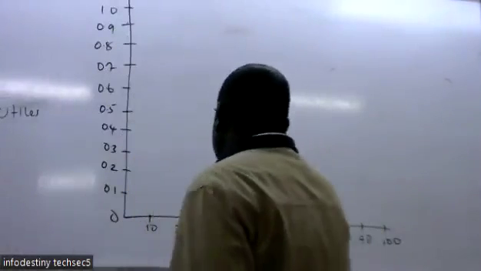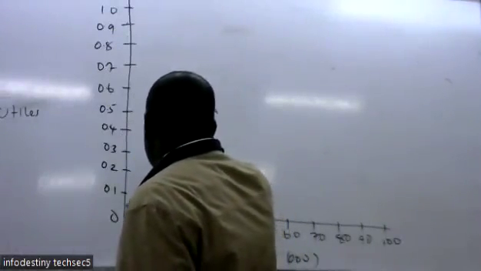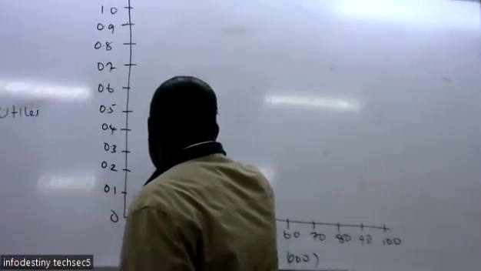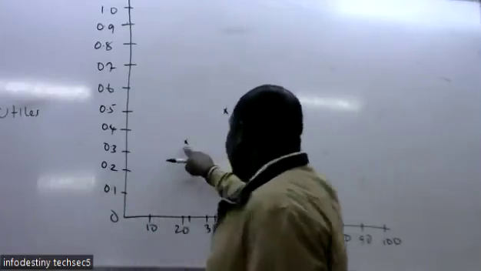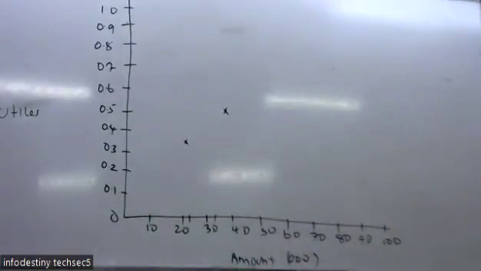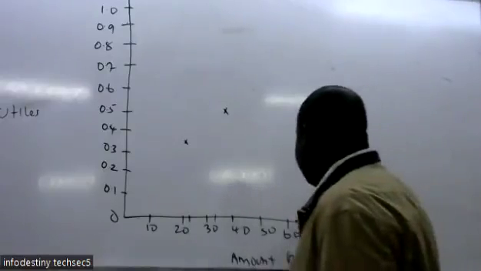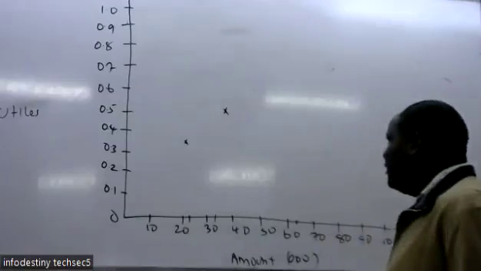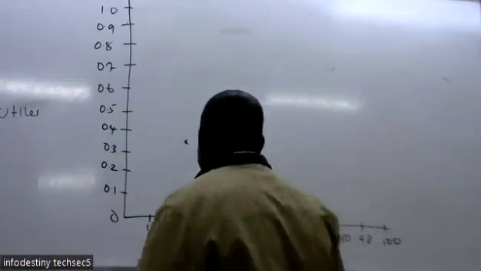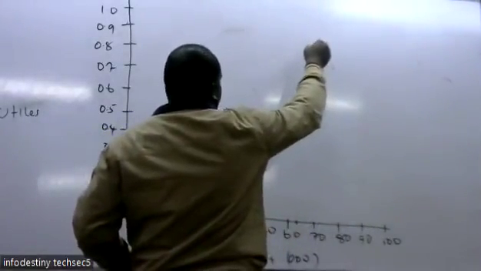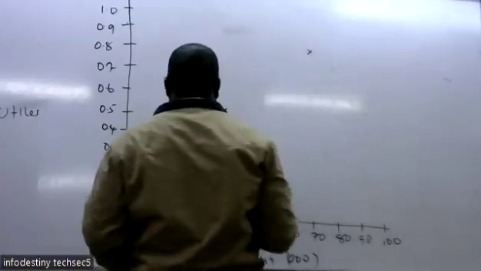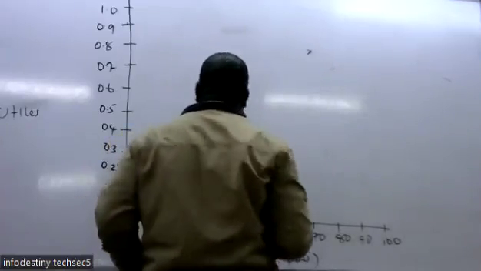When it is 21,000, we have 0.35 somewhere there. Then the last one, he was willing to pay 63,000, which is around that region. There he got up to 0.8 like that.